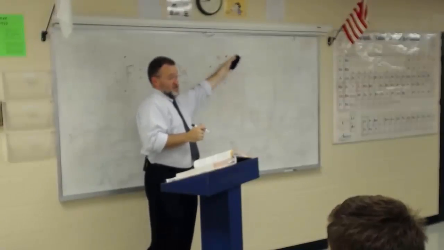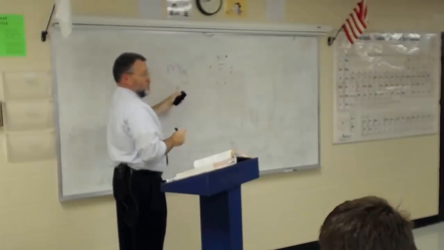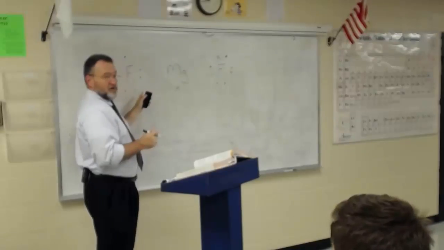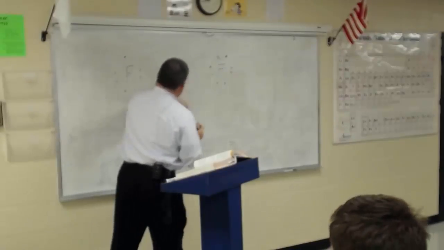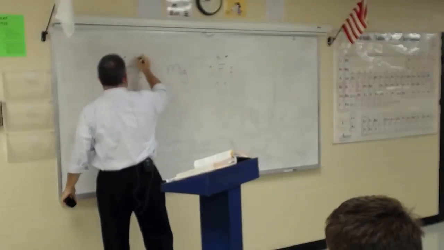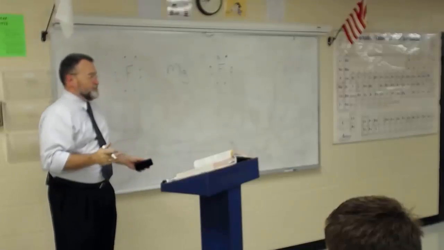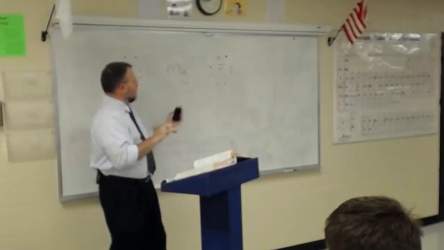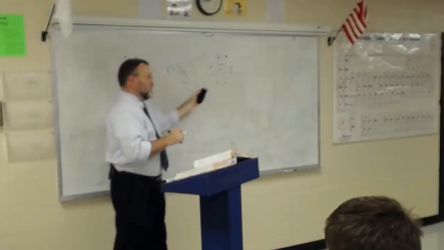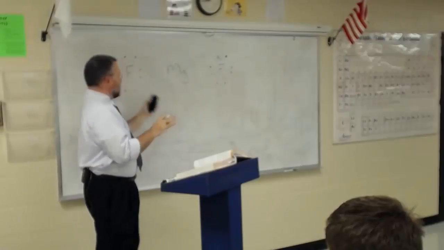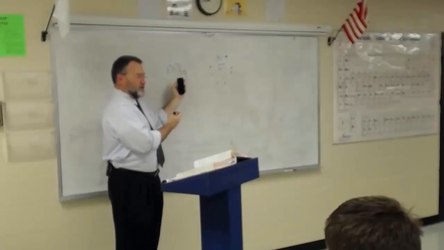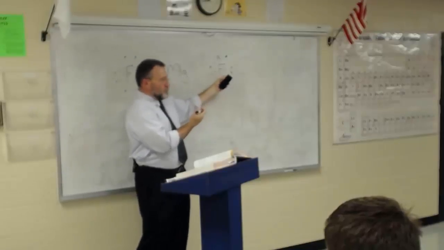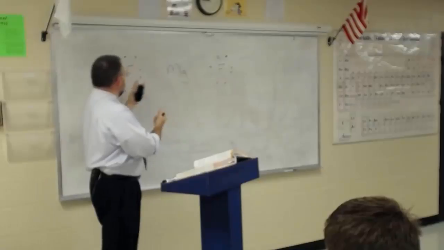This one now has 8. This one still has 1 to give, and this one still wants 1. Strike a deal. Boom. There we go. So magnesium has given up 2 electrons, 1 to this fluorine and 1 to this fluorine. So this has become a magnesium cation, and we have 1 fluorine anion and a second fluorine anion.